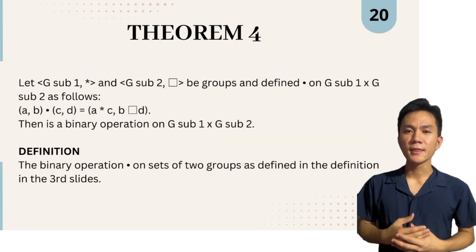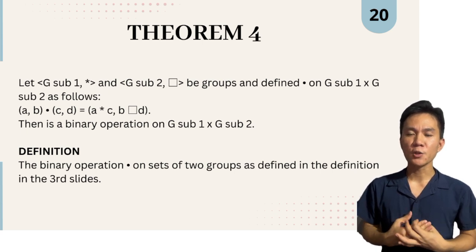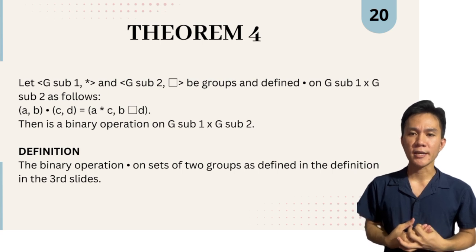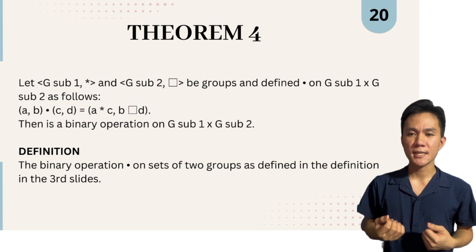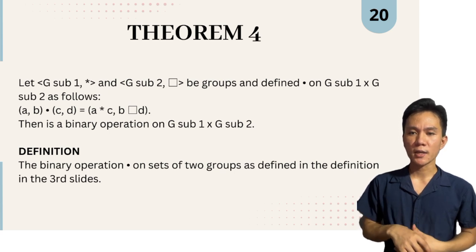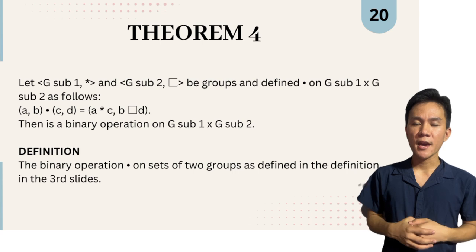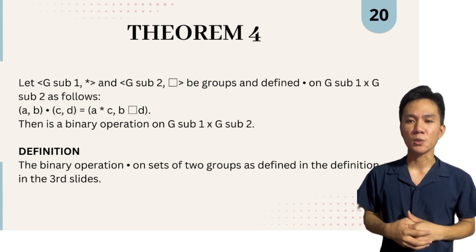Theorem 4. Let G sub 1 with star and G sub 2 with times be groups, and define an operation on G sub 1 times G sub 2 as follows: (a, b) times (c, d) is equal to (a star c, b times d). Then this is a binary operation on G sub 1 times G sub 2.